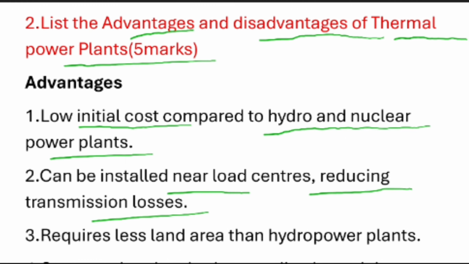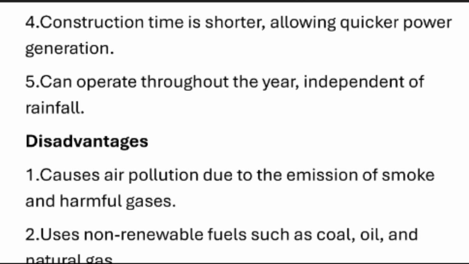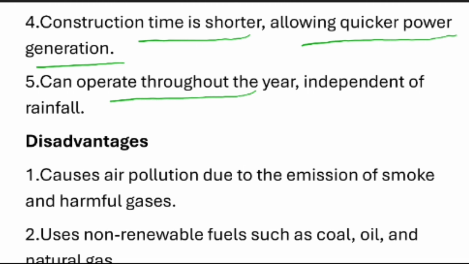Also a thermal power plant requires less area compared to a hydro power plant. The construction time is very short, so you can construct quickly and generate power quickly, and throughout the year you can operate, unlike hydro which depends on rainfall.